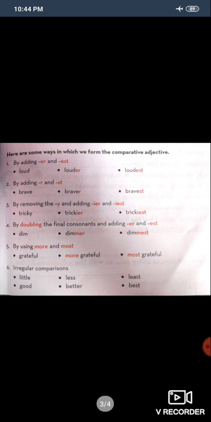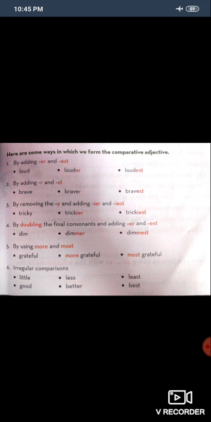Now some ways are given in which we form the comparative or superlative degree, by simply adding er and est. That means we add er in the comparative degree and est in the superlative degree.